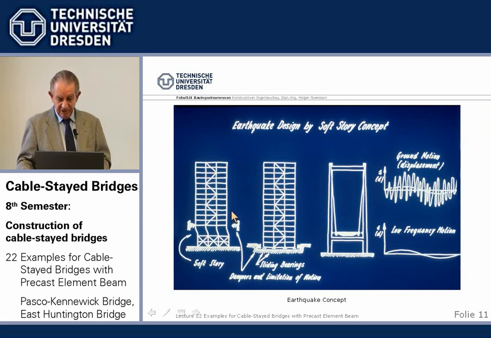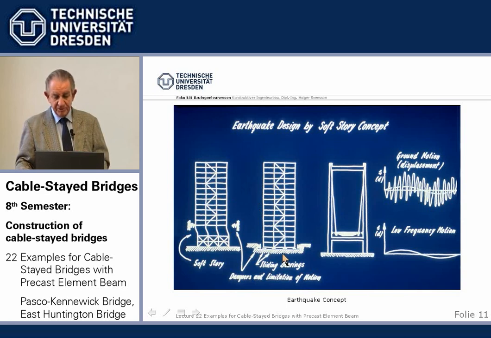Now in buildings it's partly done that you use a so-called soft story concept, where you have one story without bracing, so this has a very low eigenfrequency.